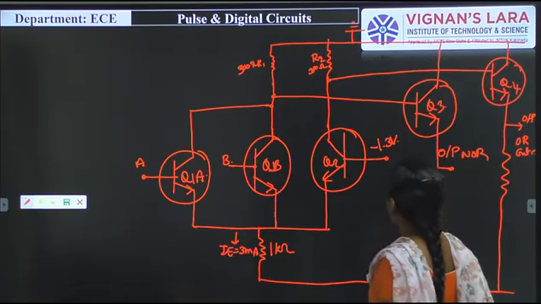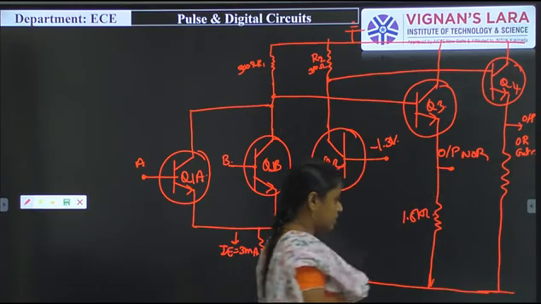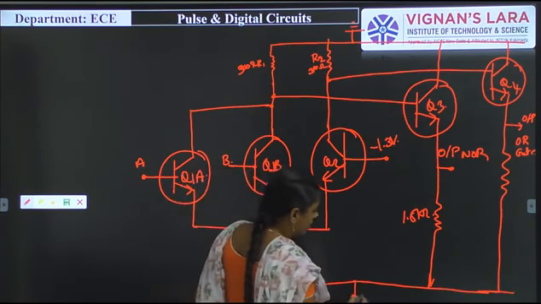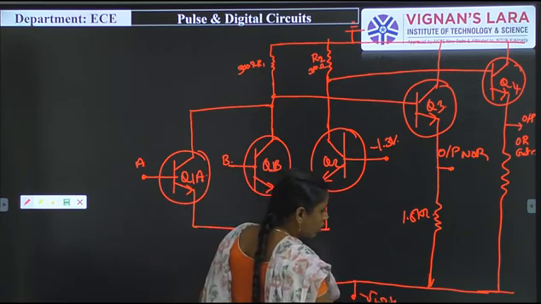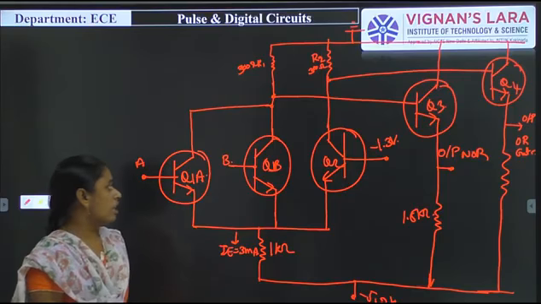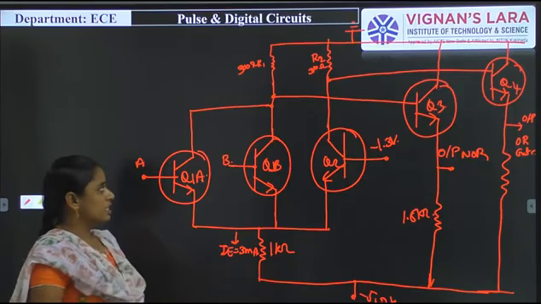Finally, this is the circuit diagram for this particular one. Here this is operated with a negative supply of minus 5.2 volts, and this is the circuit diagram of the ECL logic.